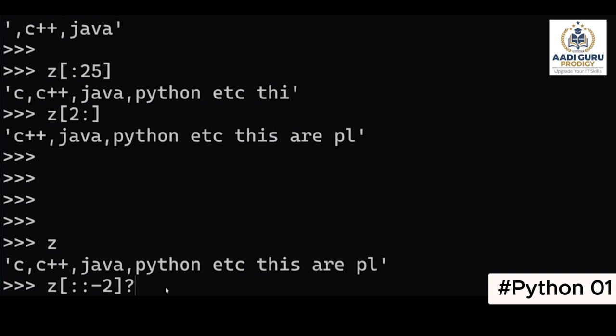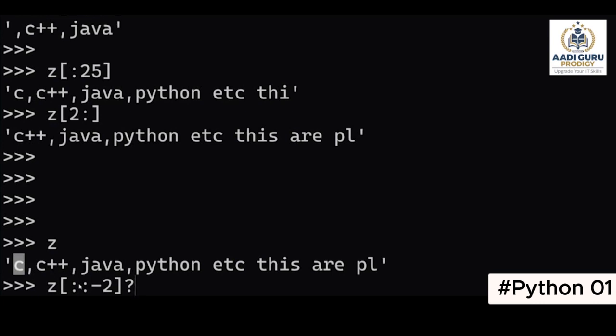No. See, listen. First, go as per the rules. Is there any starting value you have mentioned? No, sir. So everything will come from the starting onwards. Till which point do we have to go?